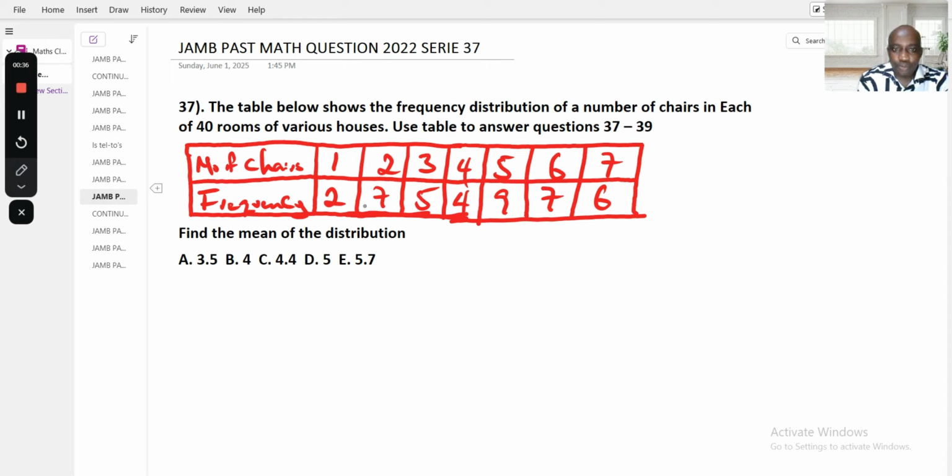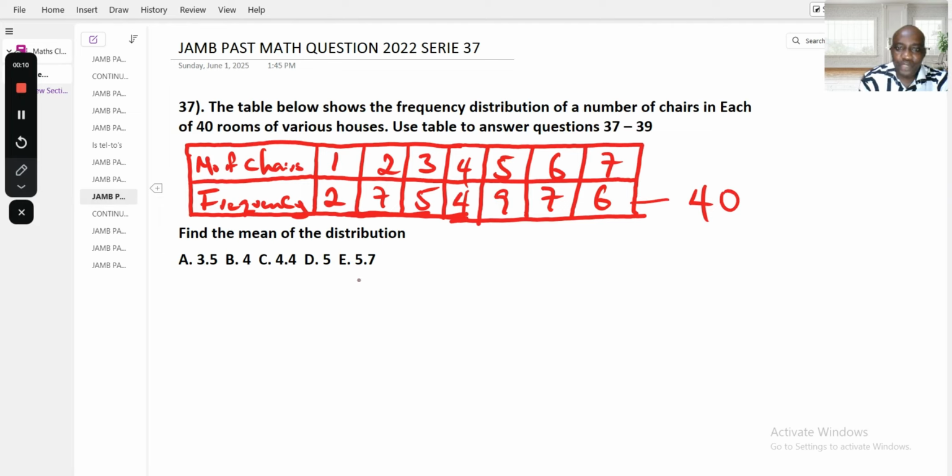If we add 2 plus 7 plus 5 plus 4 plus 9 plus 7 plus 6, everything will be 40. 2 plus 7 is 9, 9 plus 5 is 14, 14 plus 4 is 18, 18 plus 9 gives us 27, 27 plus 7 gives us 34, 34 plus 6 gives us a total frequency of 40, isn't it?